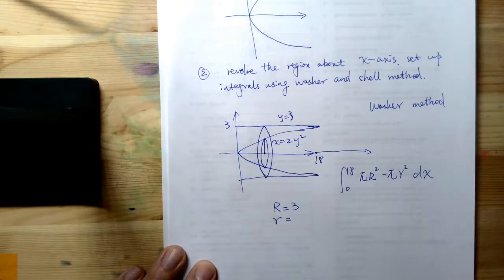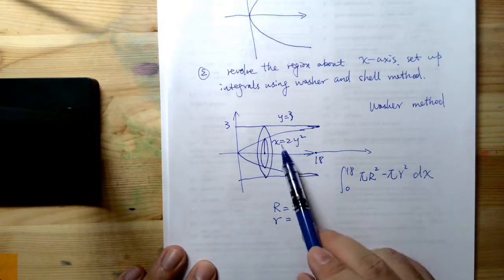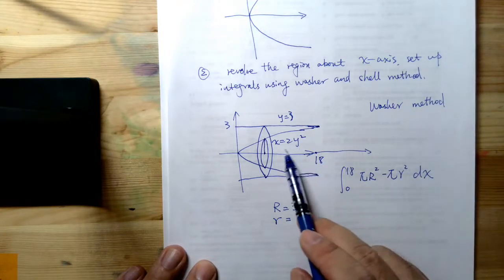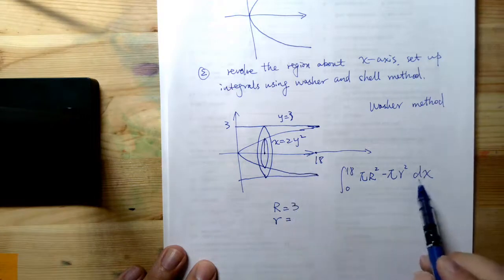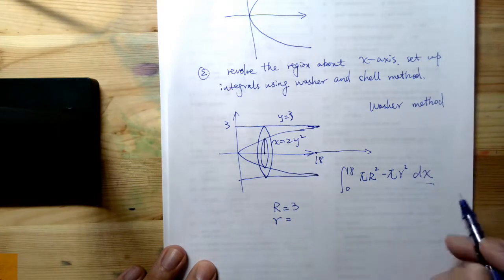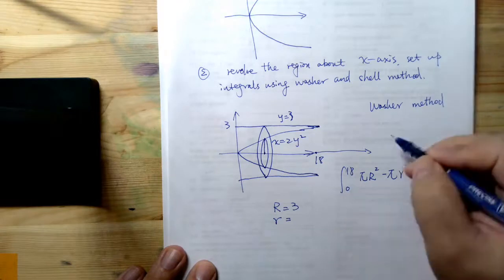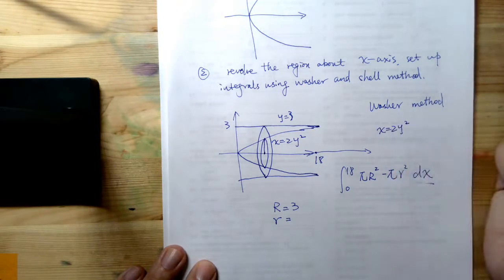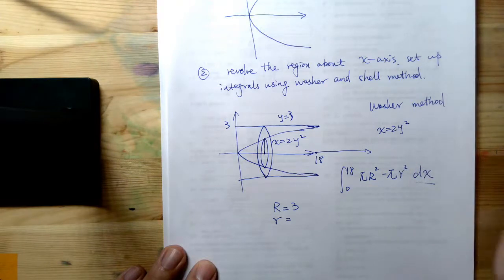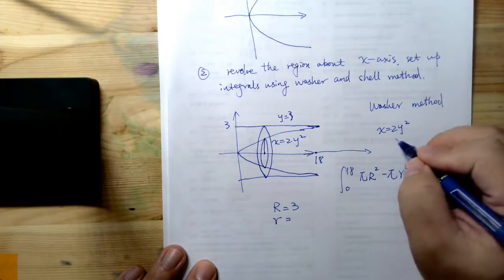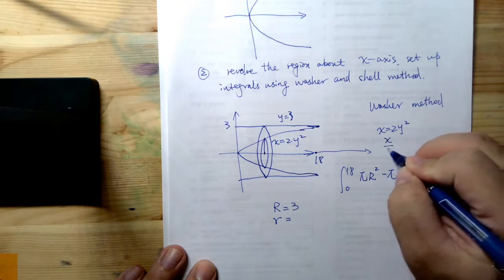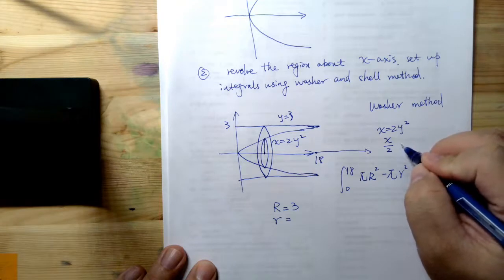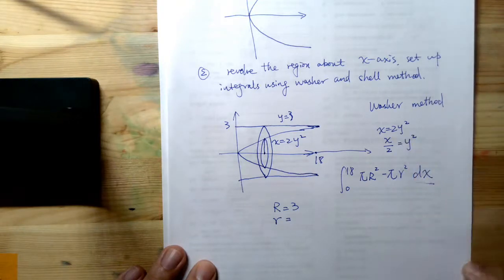But I need to solve for y from this curve x equals 2y squared. In this problem, I need to solve y in terms of x, because my integral is all about x. So as you can see, x equals 2y squared, so x over 2 equals y squared.